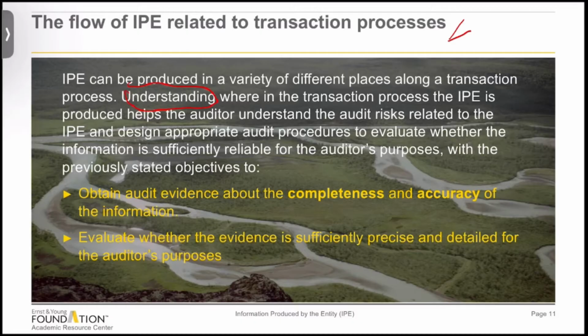With the previously stated objectives to, number one, obtain audit evidence about the completeness and accuracy of the information, and number two, evaluate whether the evidence is sufficiently precise and detailed for the auditor's purposes.